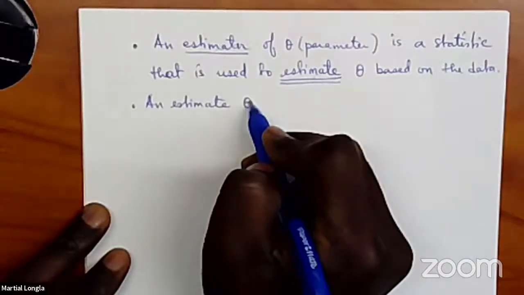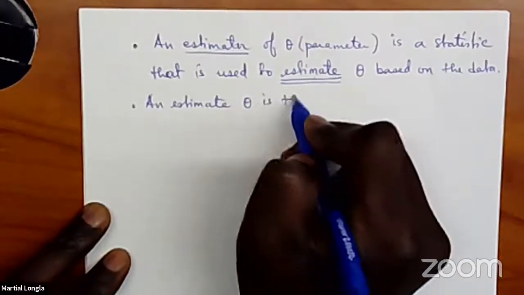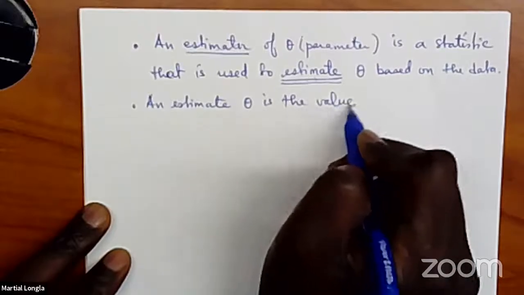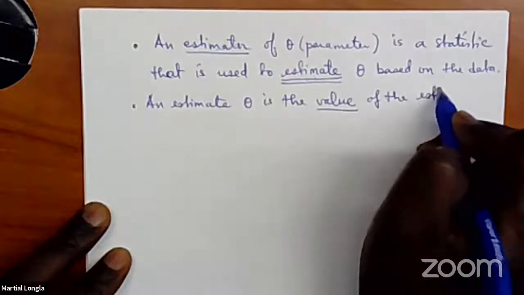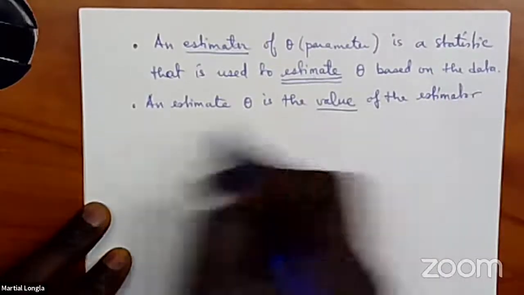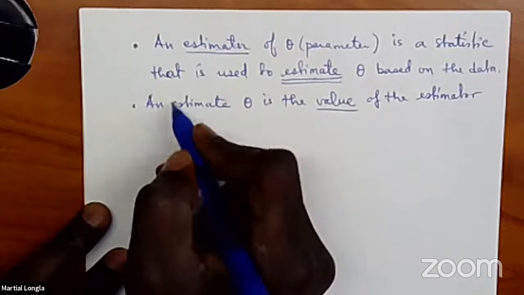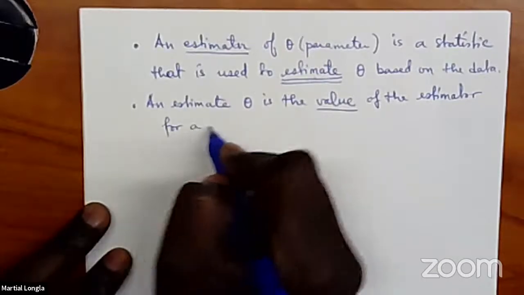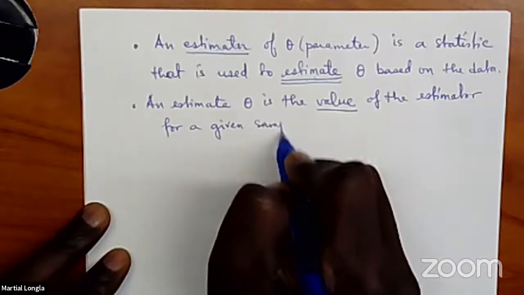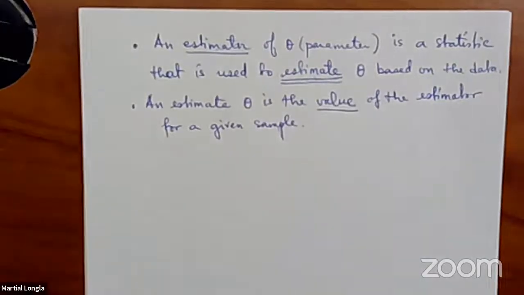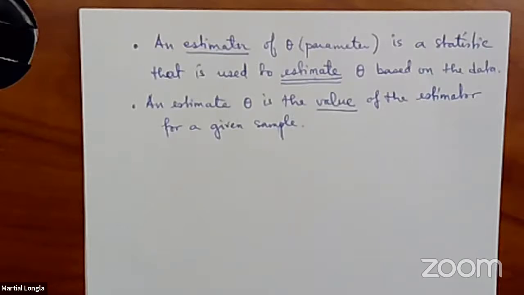An estimate of theta is the value of the estimator for a given sample. So what they call an estimate is when you actually go out there, you already have your sample and you plug it into that estimator. That's what you call the estimate.